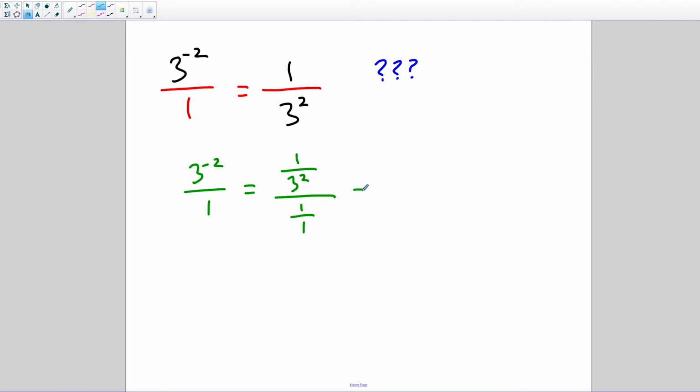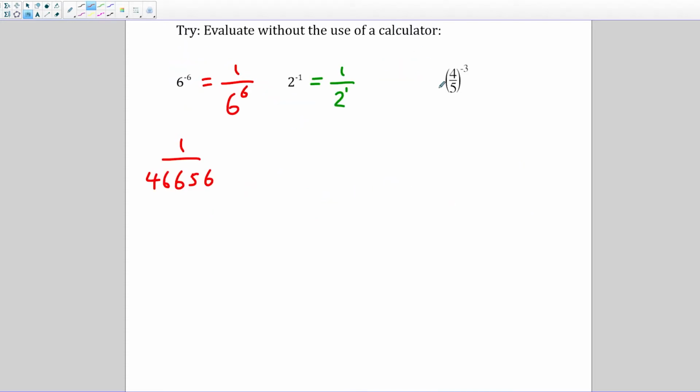Since we are dividing two fractions, I'm going to take my top fraction here in my numerator, so 1 over 3 squared, and I multiply it by the reciprocal of the bottom fraction. So the reciprocal of 1 over 1 is just 1 over 1. This leaves me with the exact same result, 1 over 3 squared. So this isn't necessarily a trick, but more of a visual cue. Once again, if you see a negative exponent up top, you can move the power that it's associated with down to the bottom. So this last problem can be solved in one of two ways.